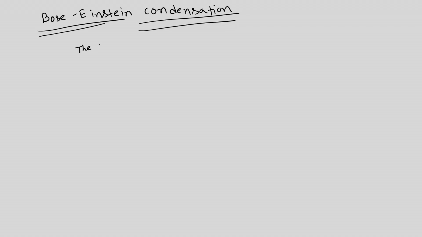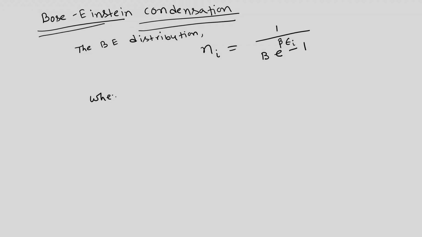We know from Bose-Einstein statistics the distribution Ni is 1 by B e to the beta epsilon I minus 1, where B is e to the minus beta mu. Okay, and this is for the non-degenerate case.